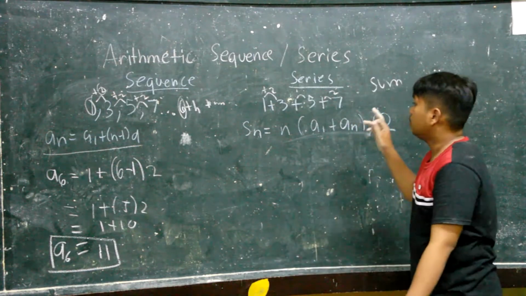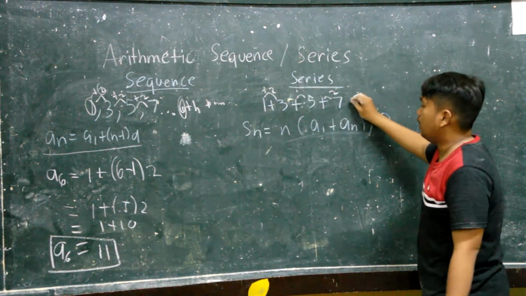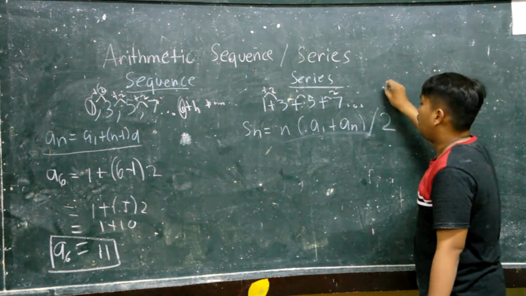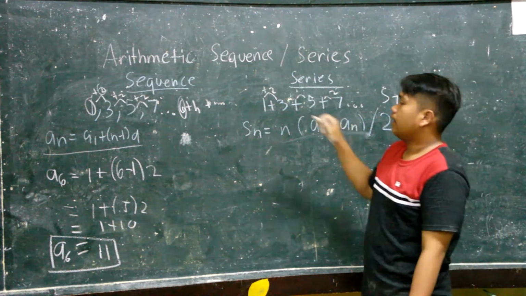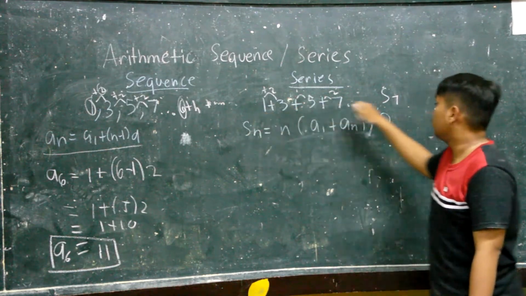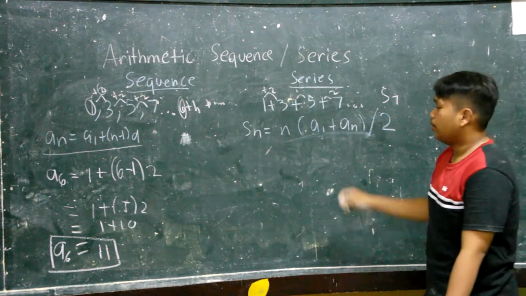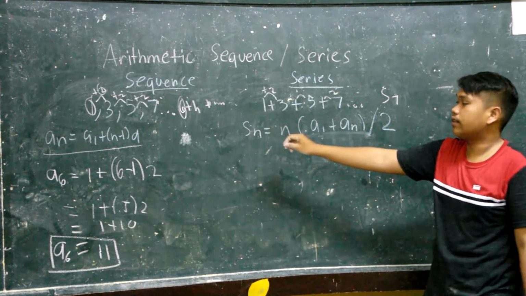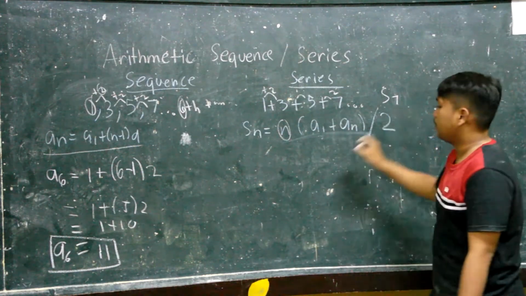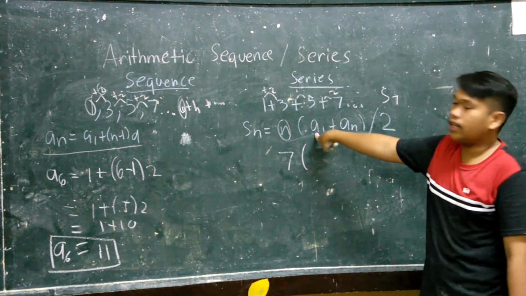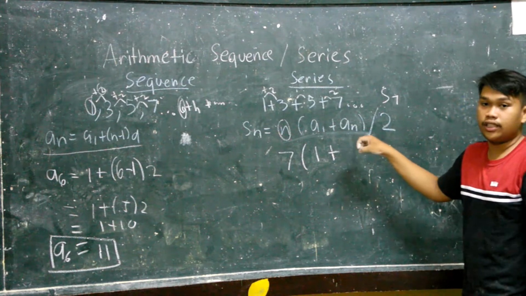And the next one is arithmetic series. When we are tasked to find, let's say, S7, or the sum from this point here up to the 7th term, we are going to use this formula. It's the same concept as in sequence. n is how many numbers there are, so n is going to be 7. a sub 1 is still the first term, 1, plus a sub n, which is the last term.